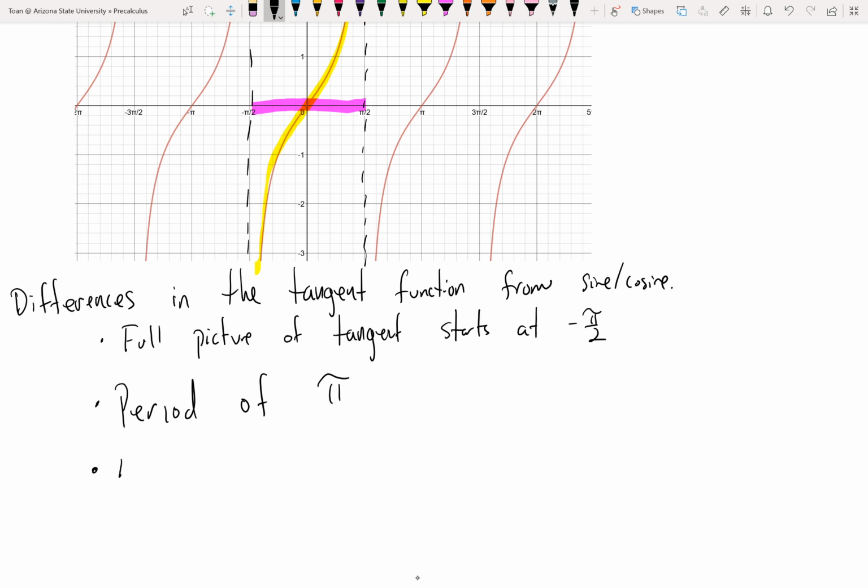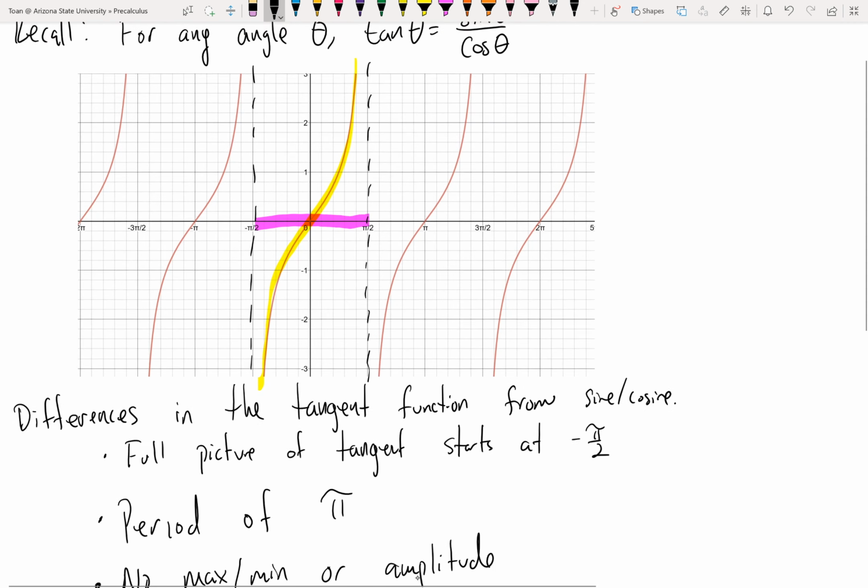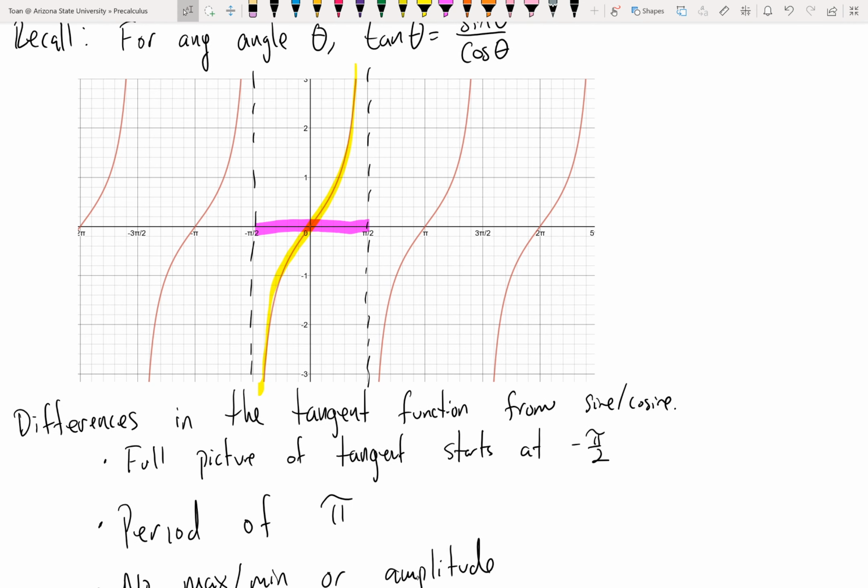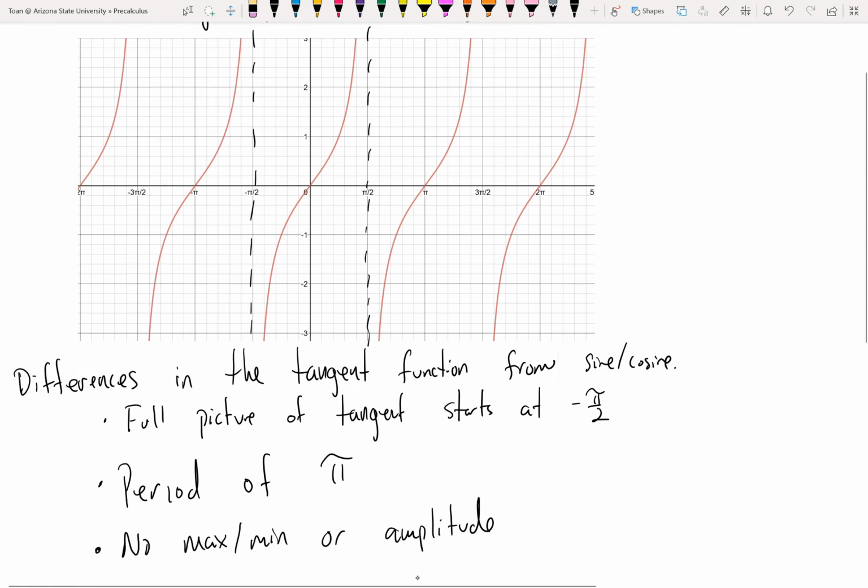And last but not least, there's no max, min, or amplitude. We saw on Friday that sine and cosine are bounded, or trapped, between positive 1 and negative 1. But clearly, this tangent function will go up forever, will go down forever. Its range is all real numbers.